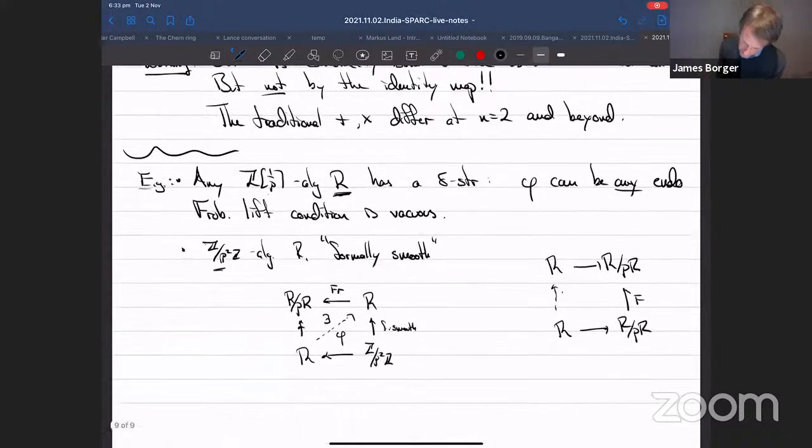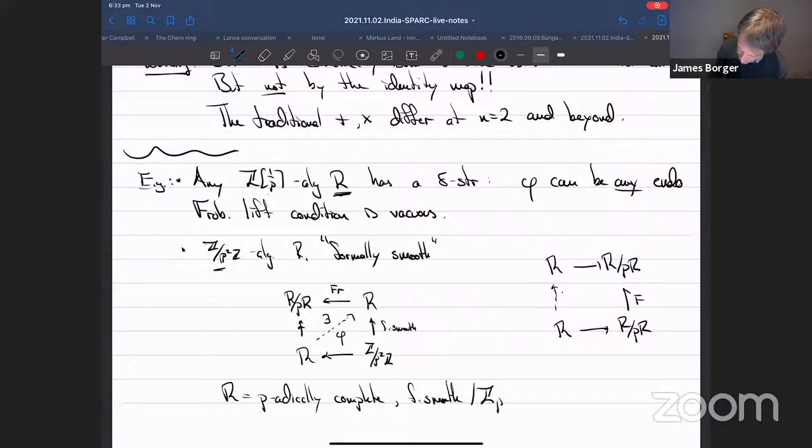So if R is p-adically complete and formally smooth over the p-adic integers, then I think it will have a Frobenius lift, and this ring will be p-torsion free, so it will also then have a delta structure.